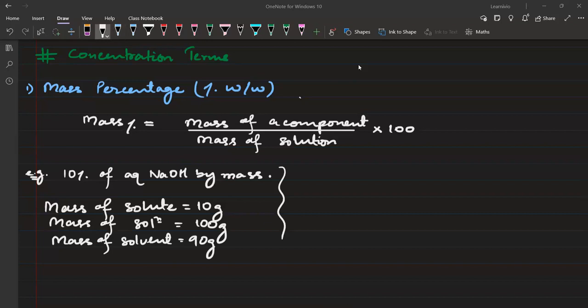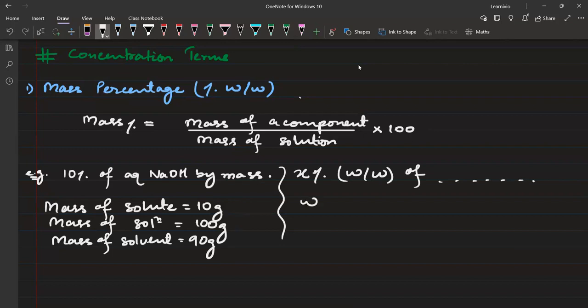In the same way, in general, if we have been given X% W by W, not X percentage X, but X percentage W by W, and they can use the word by mass, in order to show that it is mass percentage, or W by W of something. You can add anything, NaCl, NaOH, H2SO4, anything.